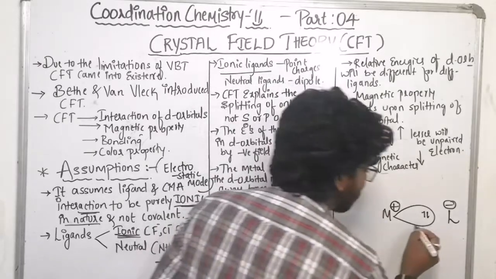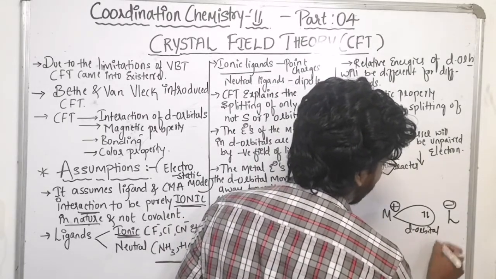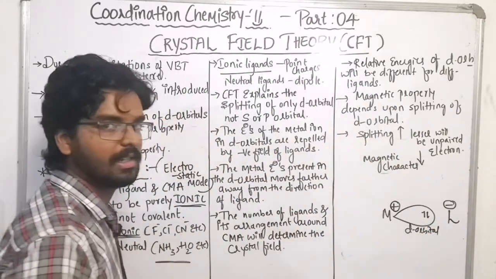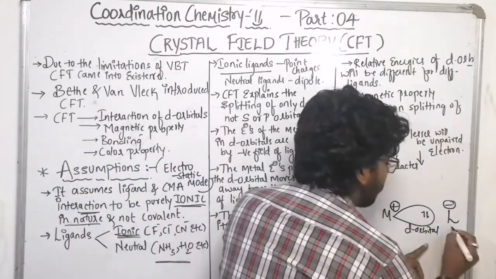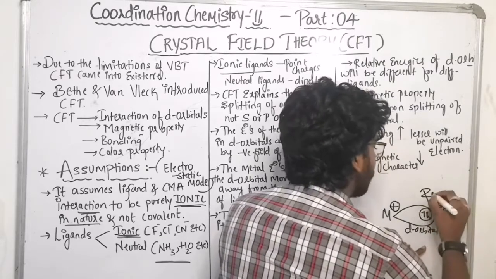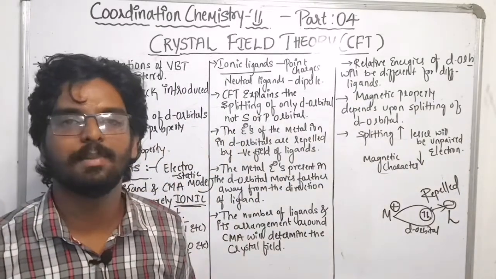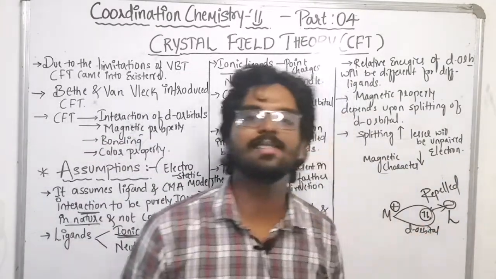Let me consider this as a d orbital. This d orbital electron and this ligand electron will repel each other. That means there won't be bonding itself.